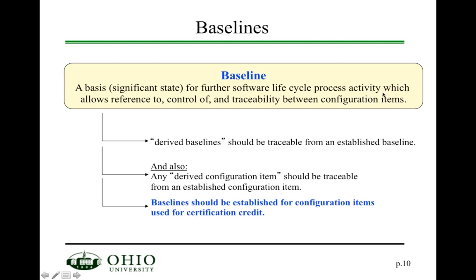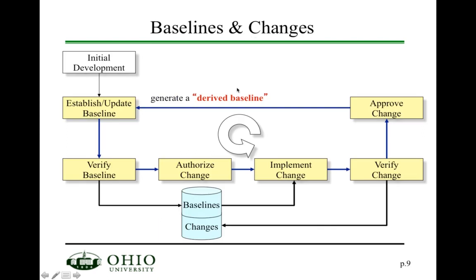For example, we're done with a majority of our high-level requirements and we think it's in a sufficient state that we can put it in our configuration management process. Then we can give that a unique label, for example, version 1 of my high-level requirements document, and establish that way a baseline.